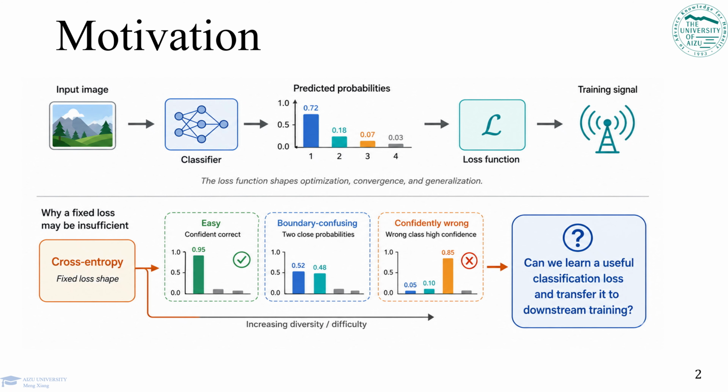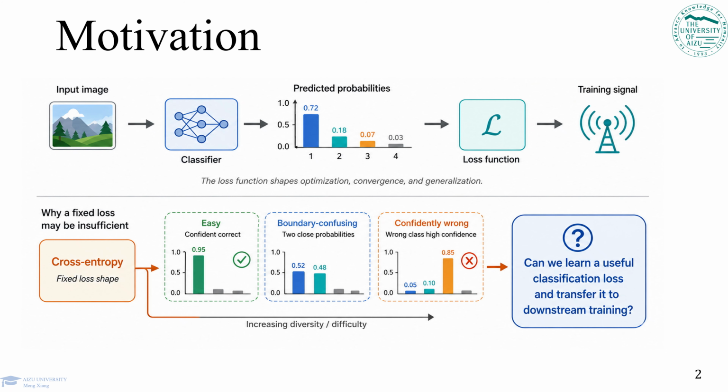Let me start with the motivation. In classification, a model outputs class probabilities and the loss function converts them into a training signal. This signal affects optimization, convergence, and generalization. CE is simple and effective, but its loss shape is fixed.